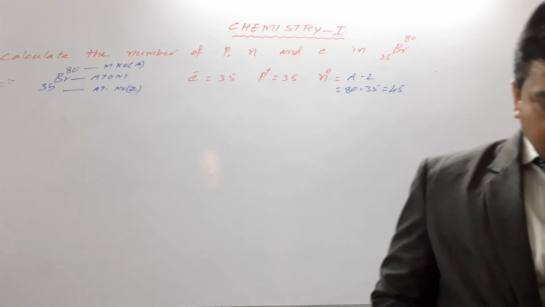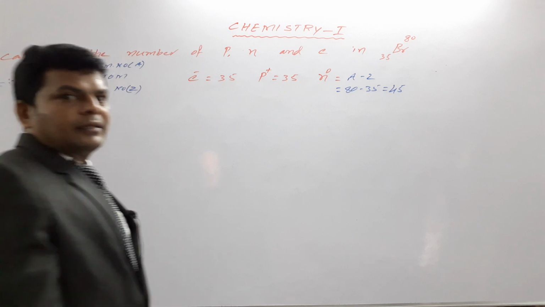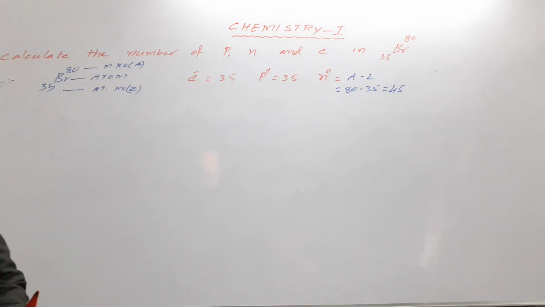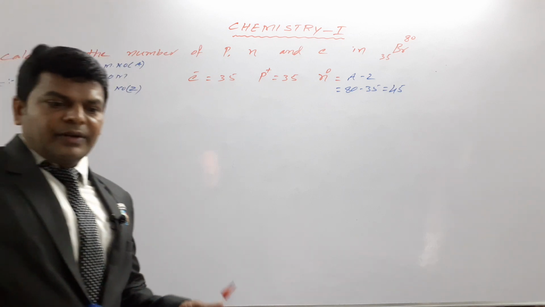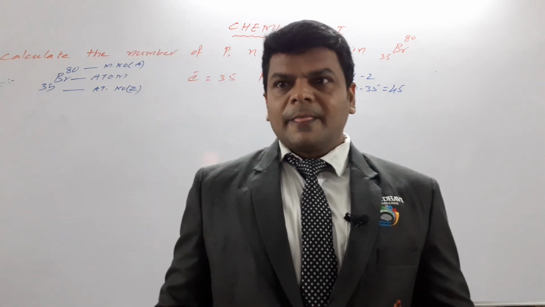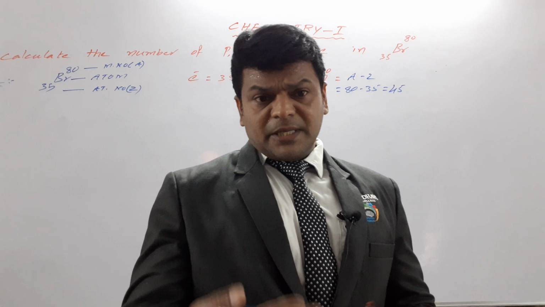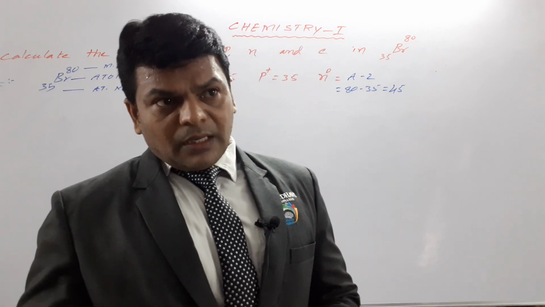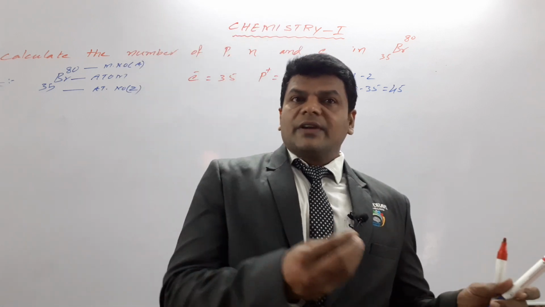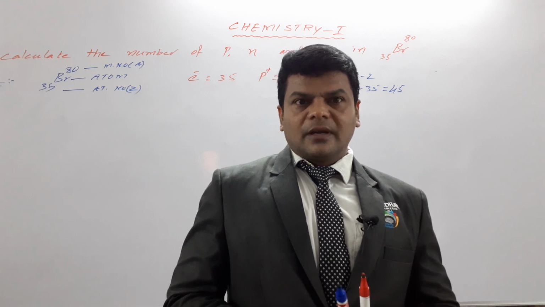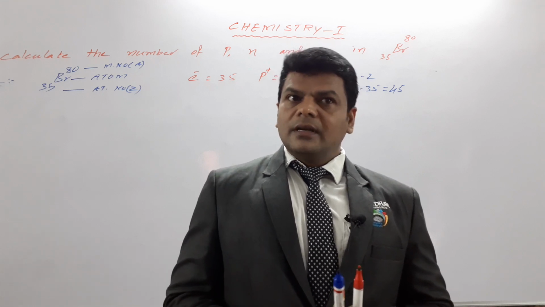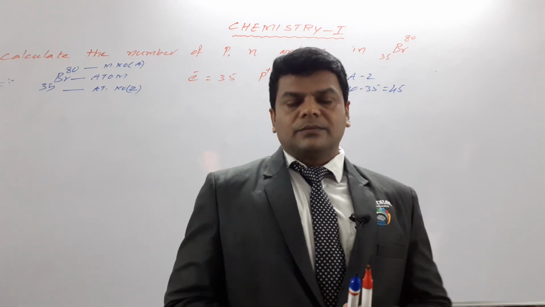Okay. You have to know here about ions. Already we discussed ions. Ion means which has a specific charge. Cation means which has positive charge. After losing electrons, cations are formed from the atom.